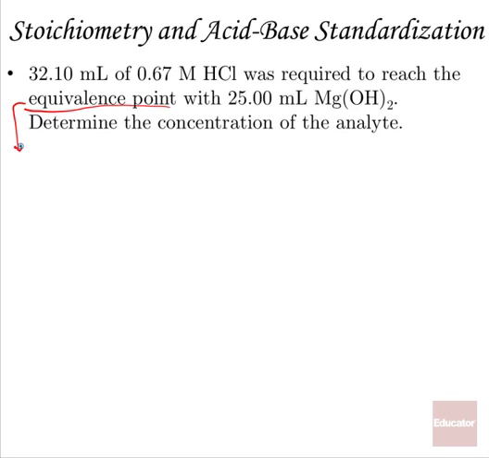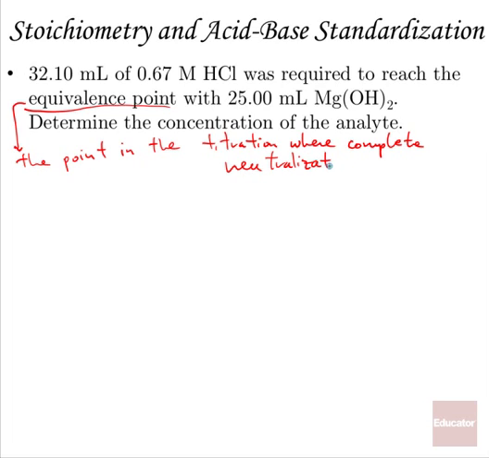The equivalence point, everybody, is the point in the titration where complete neutralization has occurred. This is very important that you pay attention to these key words, because that tells you pretty much how much has reacted, everybody, when the reaction is complete.